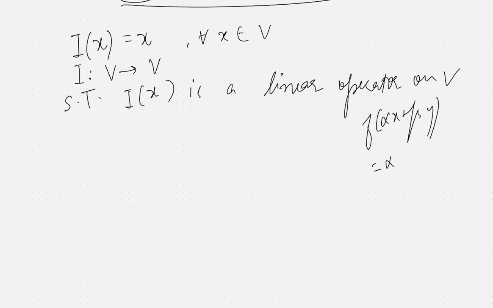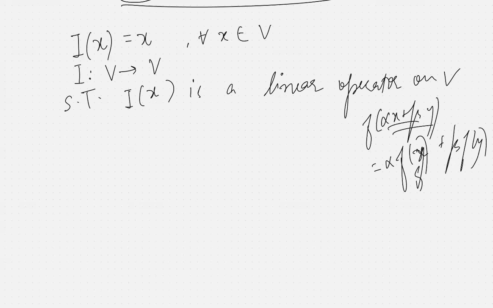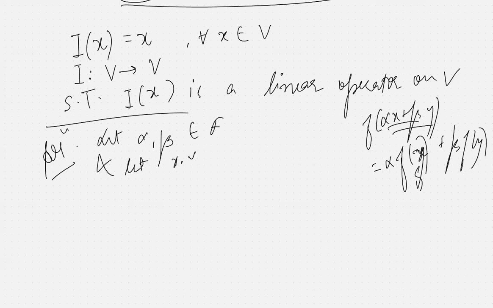So let's start with alpha x plus beta y. Over here the function is I. The solution will start with: let alpha, beta belong to the field F, and let x, y belong to the vector space V. This is V and not U.